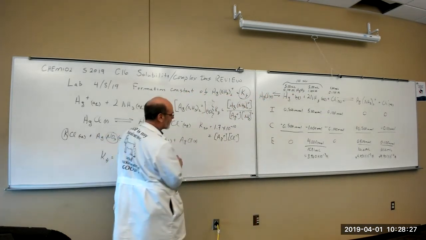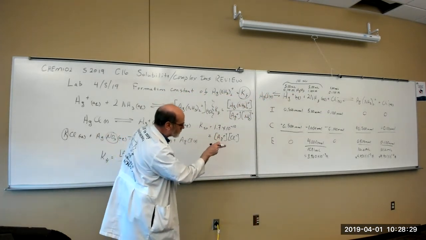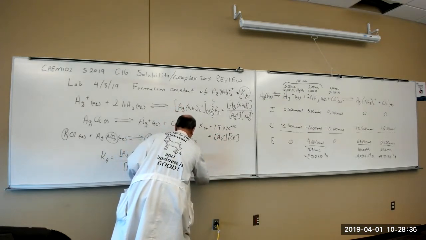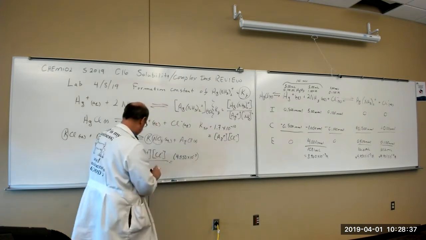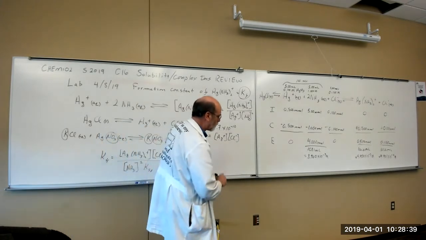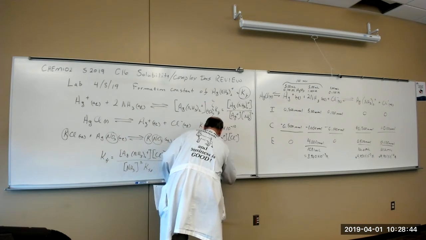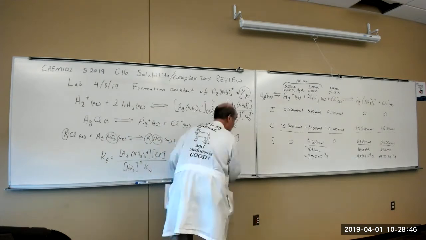We just have to plug in the product, 4.95 times 10 to the minus 3 for this one. And then the chloride is 9.901 times 10 to the minus 4.